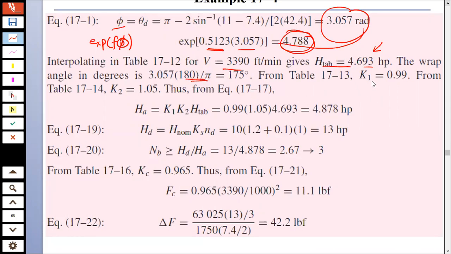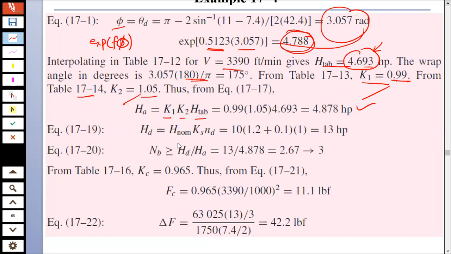The correction factors from table 17-13 and 17-14 are given to you over here. So आपका allowable horsepower क्या होगा? K1, K2, H tab. So this is your K1, K2 and H tab is given to you. You just found it out with your interpolation. So this is the allowable horsepower.